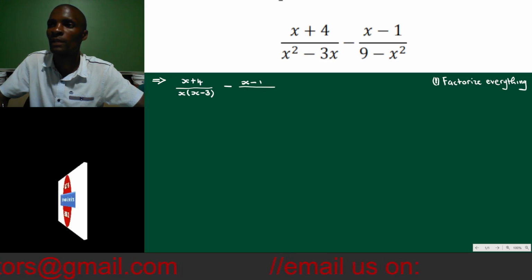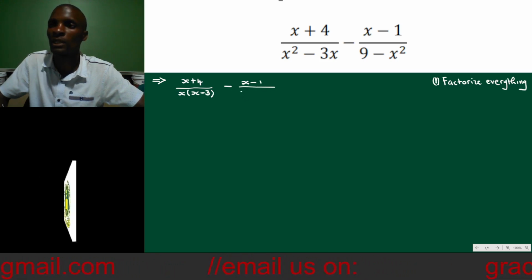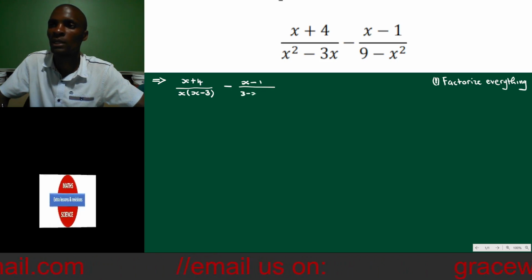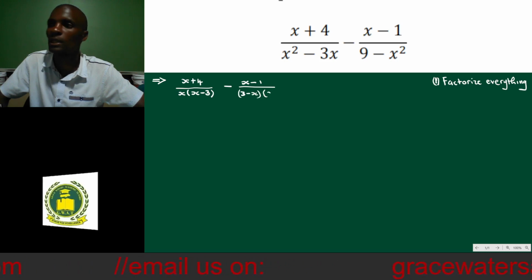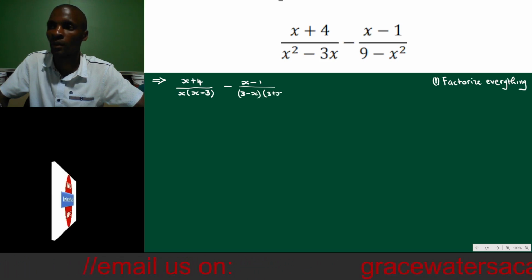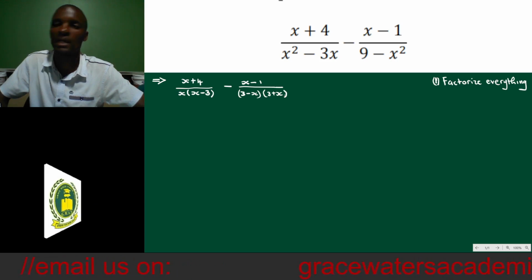And then after that, 9 minus x squared can be written as 3 minus x and 3 plus x. Okay, now this part is done.